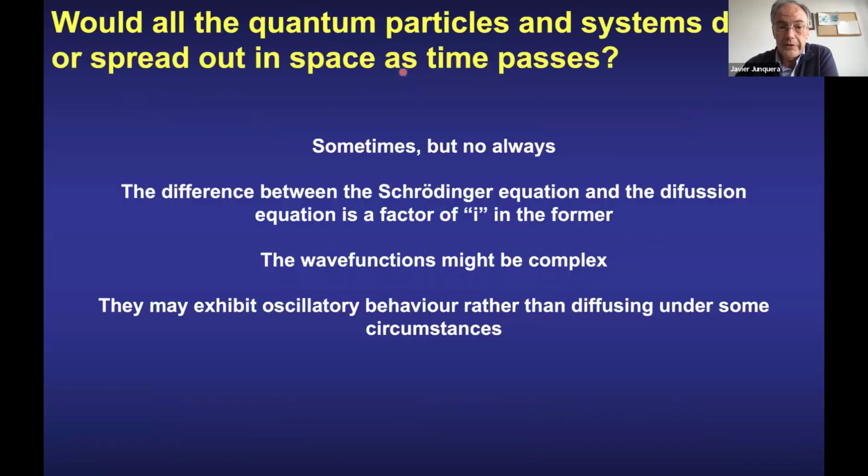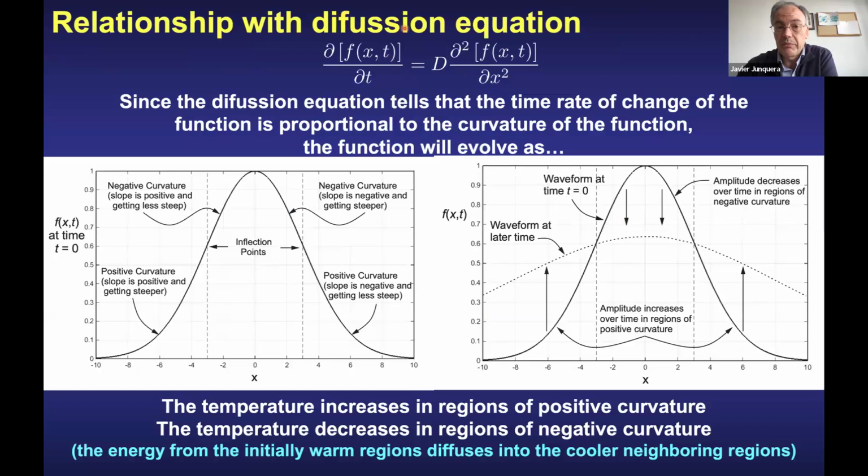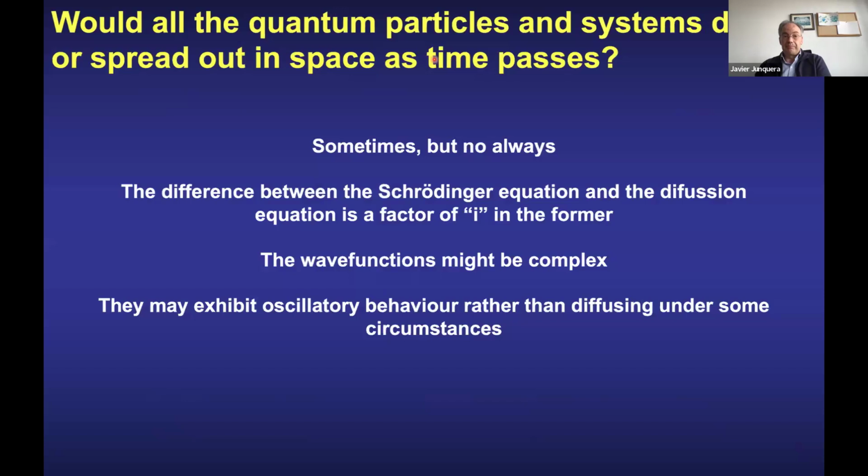And we can wonder whether this will happen also if we replace this classical equation by the Schrödinger equation here. And the answer is, okay, quantum particles and systems will diffuse sometimes, but not always. The most important difference between the classical equation and the quantum equation is the fact that there is a factor of i in the quantum equation, in the Schrödinger equation.